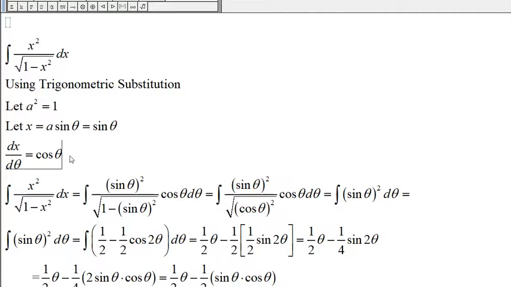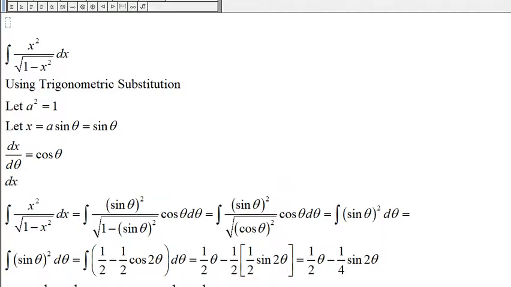And then dx is cosine theta d theta. So this becomes cosine right here.